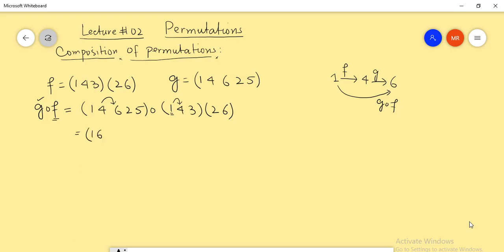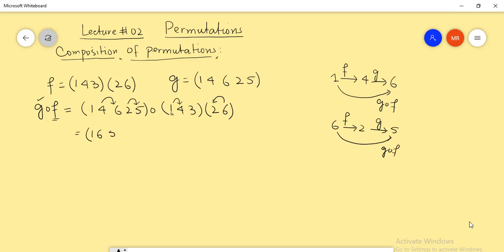Then we start with symbol 6, and we find the image of 6 under F. The image of 6 under F is 2. And then we operate G on 2. The image of 2 under G is 5. And thus 6 is mapped onto 5 by this composition.